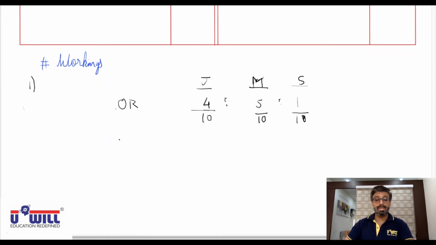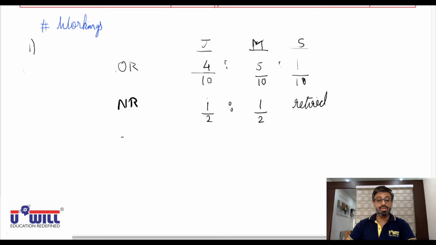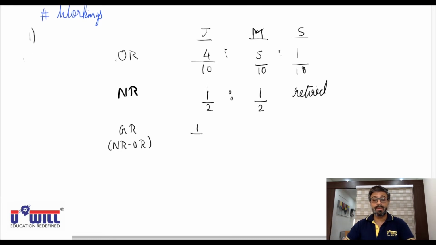Then new ratio is given as 1:1. Smriti has retired, and between Jaya and Mamta the new ratio is 1:1, that is 1/2 and 1/2. Now gain ratio we obtain as new ratio minus old ratio. So for Jaya, new ratio 1/2 minus old ratio 4/10. For Mamta, new ratio 1/2 minus old ratio 5/10.